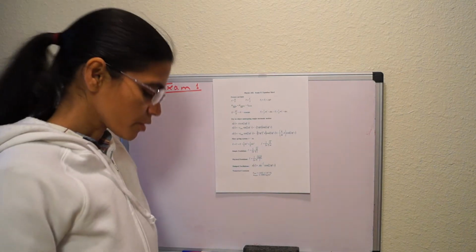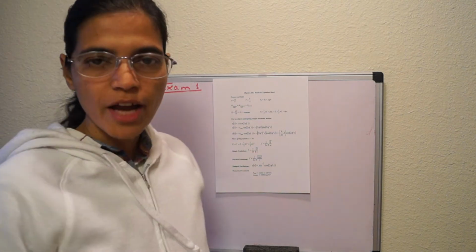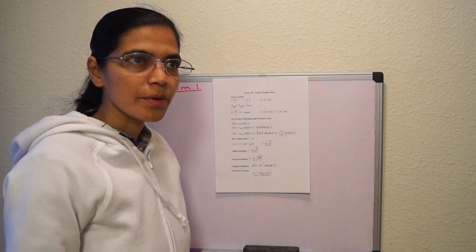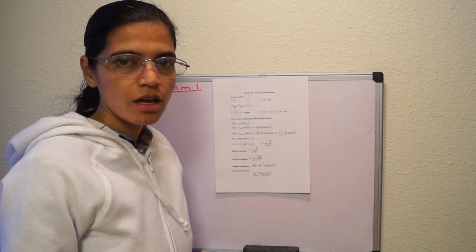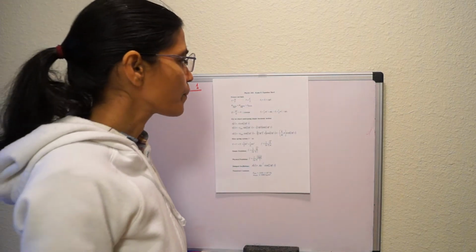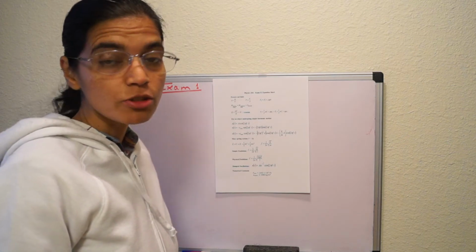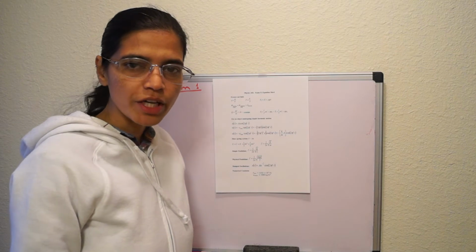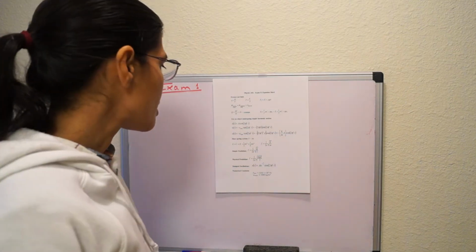There is also an equation about hydrostatic pressure. So if you remember how to find the pressure at depth h for a liquid, you should be able to use the equation P2 equals P1 plus rho g h, where rho is the density of the fluid, h is the depth of the fluid.